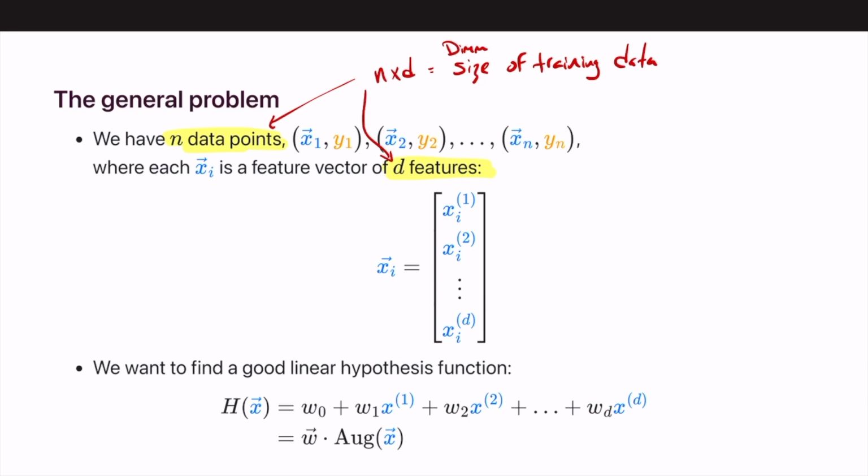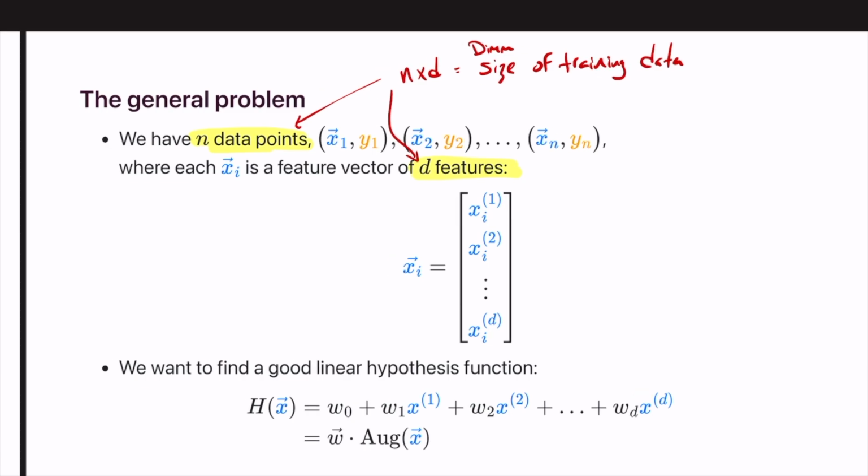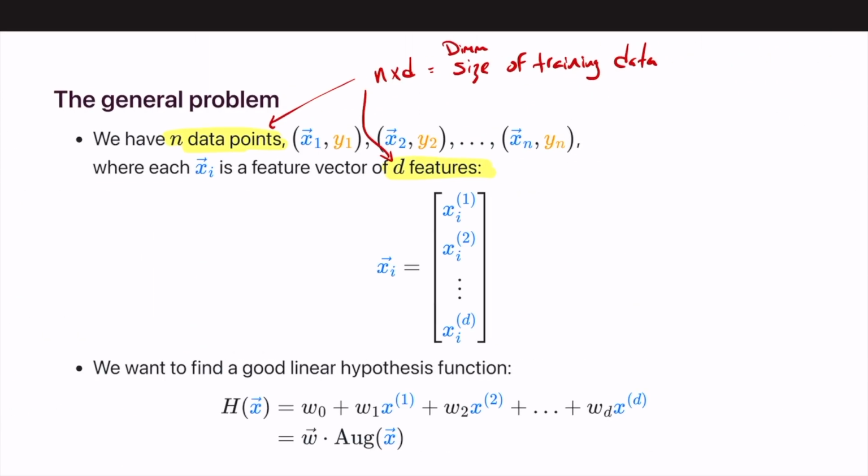And the question is, how do we find our w stars, our parameter vector? So w naught star, w sub 1 star, all the way to w sub d star.